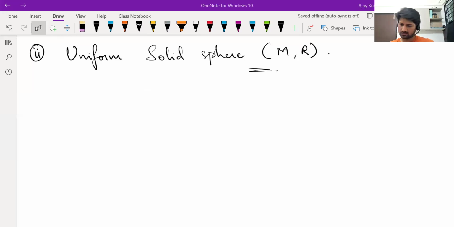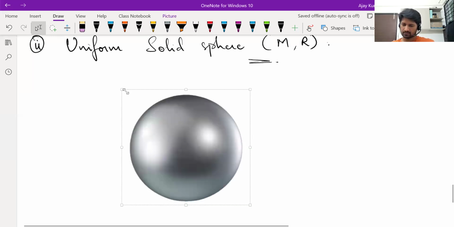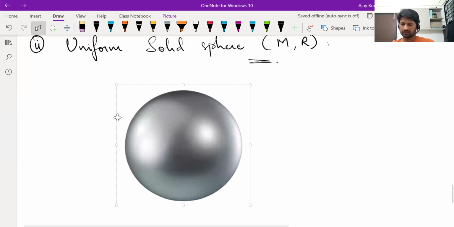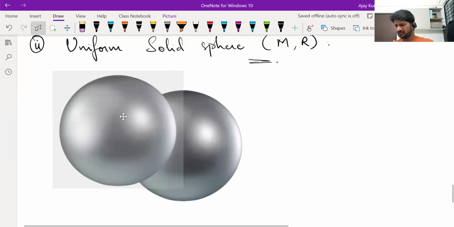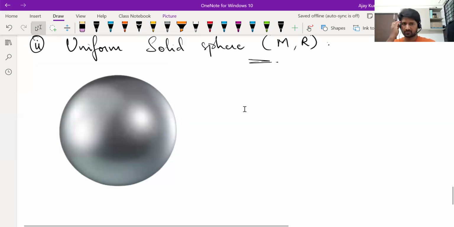So let's consider something like this. Now our aim is to derive, for the solid sphere, expressions for the gravitational field produced by it inside as well as outside.